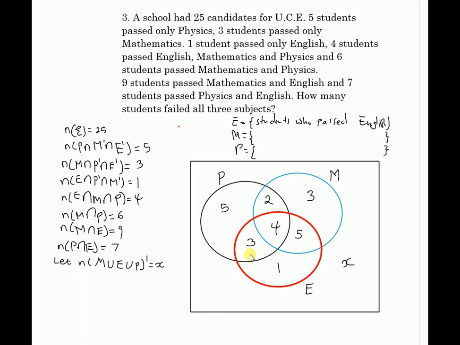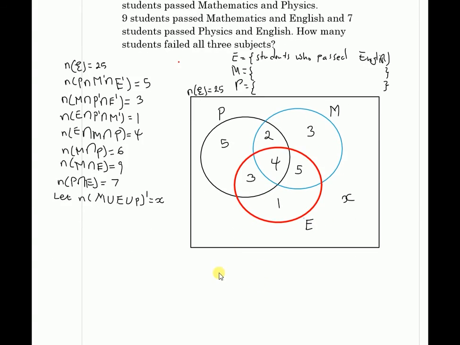You can see the intersection of the three circles is the intersection of math, English and physics. And the universal set was given as 25, so when you add everything inside there, you should get 25.